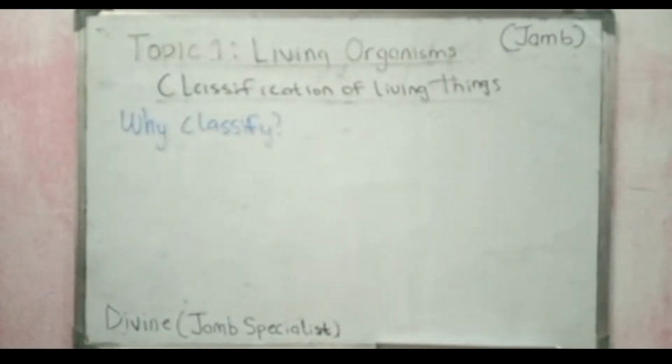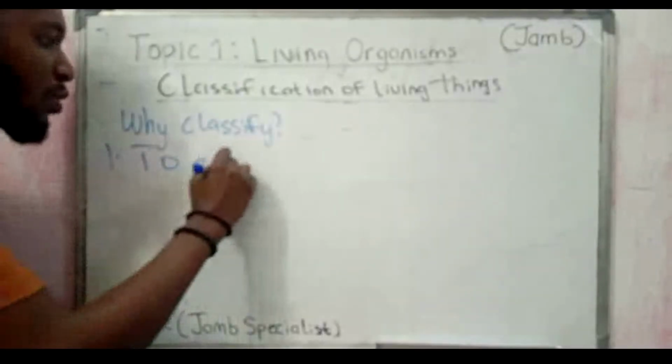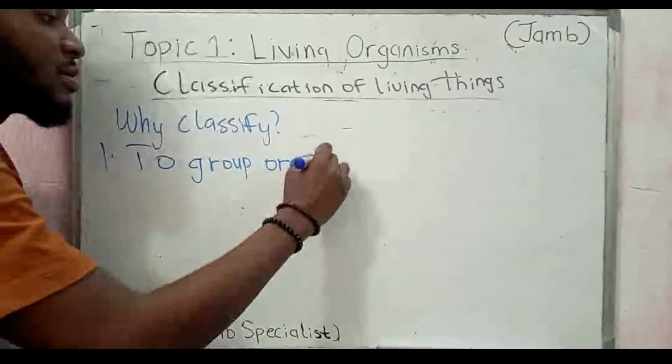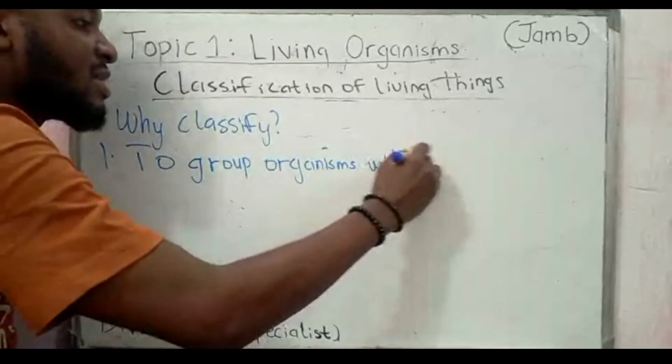The first reason we classify living things is to group organisms with similarities.